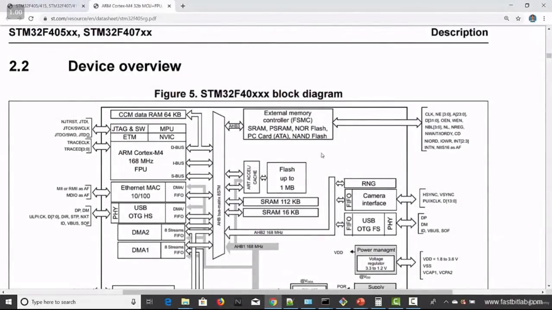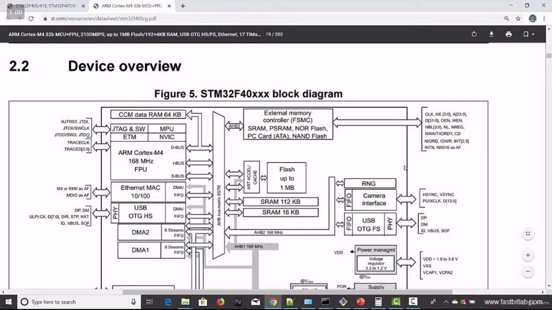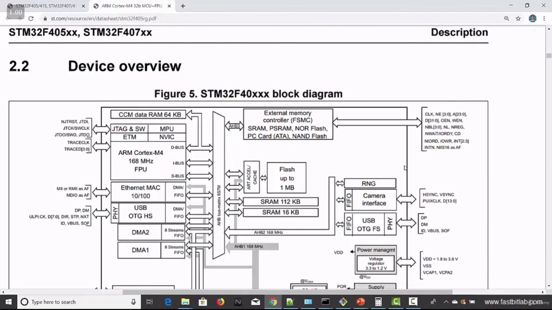That's about bus interfaces of the microcontroller. To summarize, this ARM Cortex-M4 processor gives out majorly 4 bus interfaces. All are based on AHB protocol: I-bus, D-bus, S-bus, and PPB, that is private peripheral bus.